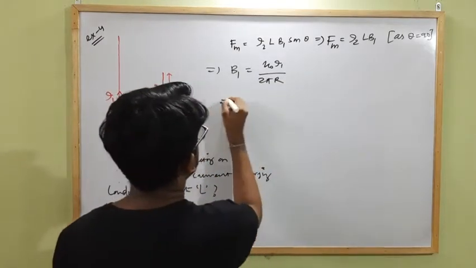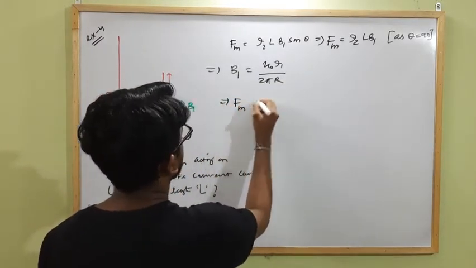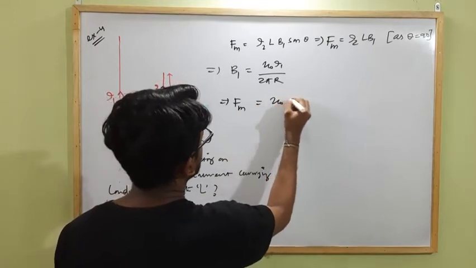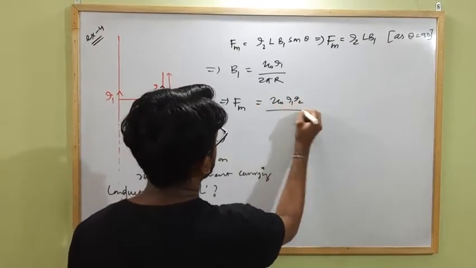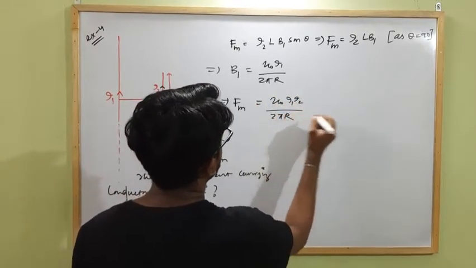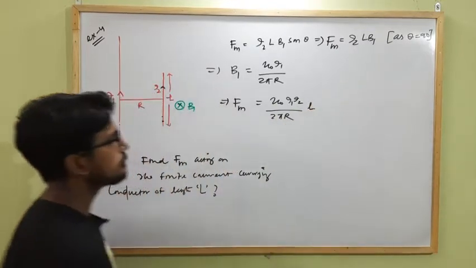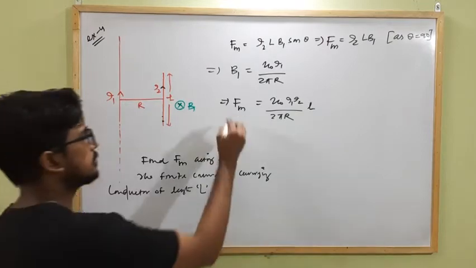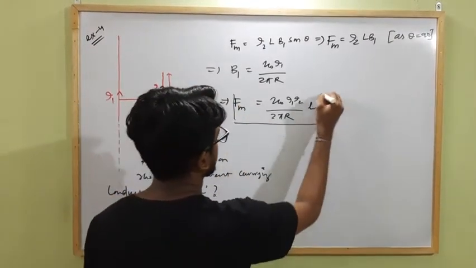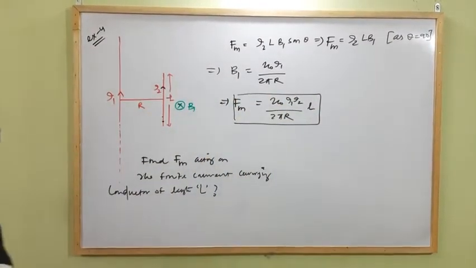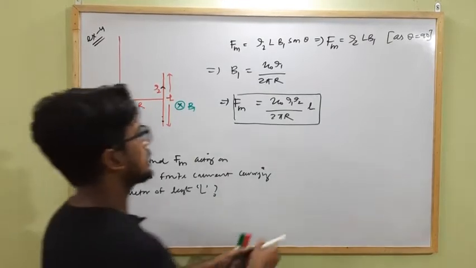So the net magnetic force acting on it will be mu naught I1 I2 divided by 2 pi R times L. Clear? Okay, this much Newton.